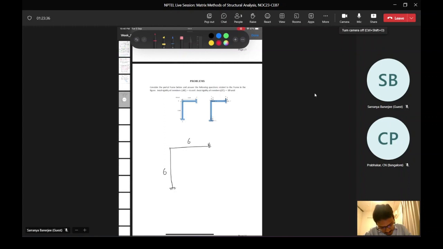There are loads like this, which is 100 units, and the different degrees of freedom are given as 1, 2, 3, 4, 5, 6, 7, 8, 9. Okay, now it is clear.